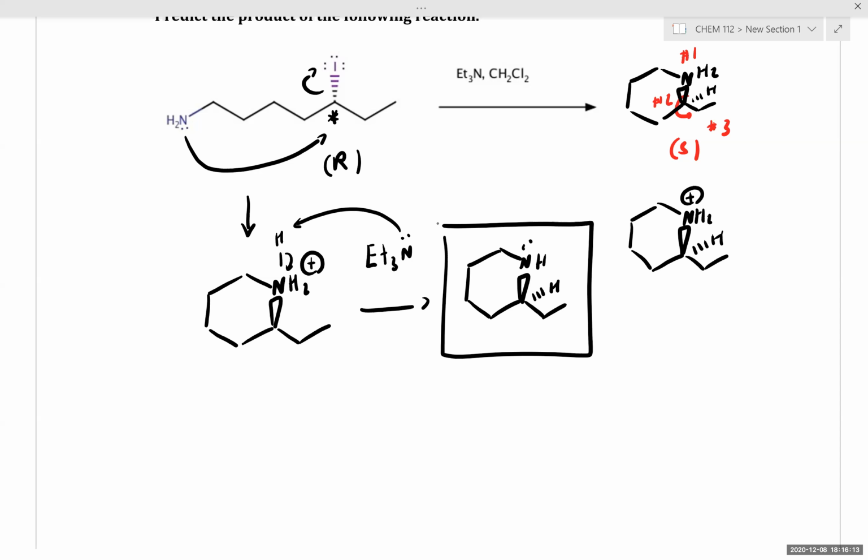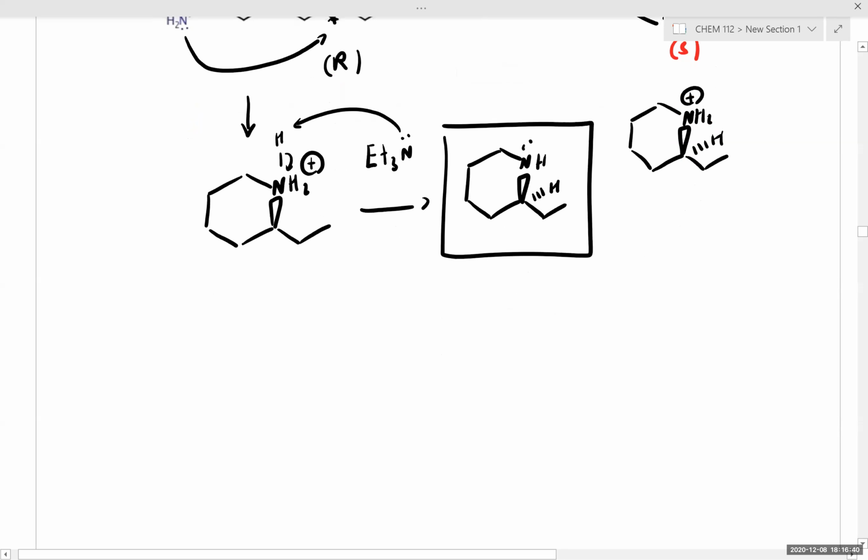Does this example make sense? Any questions on this example? Okay.